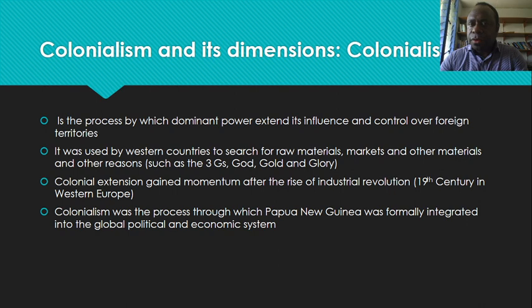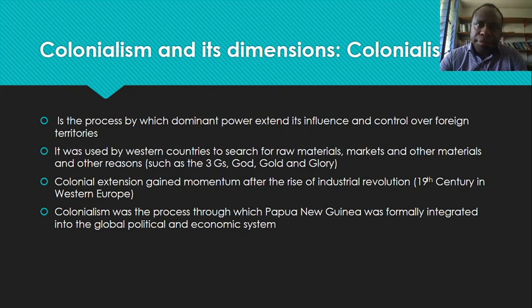That led to various colonial powers extending their boundaries overseas and occupying territories, which acts as a basis to extract these raw materials. It was used by Western countries to search for raw materials, markets, and other reasons. The popular theme was the 3Gs: gold, God, and glory.